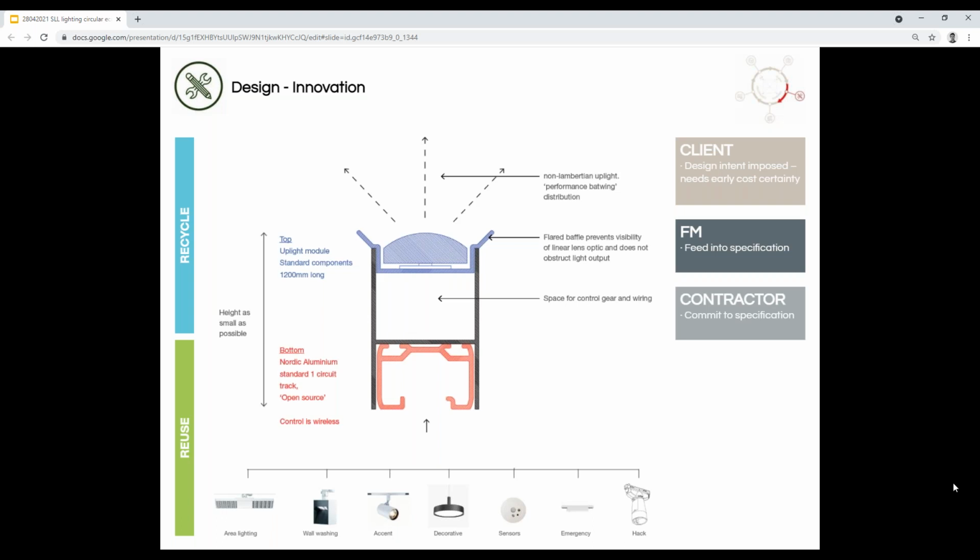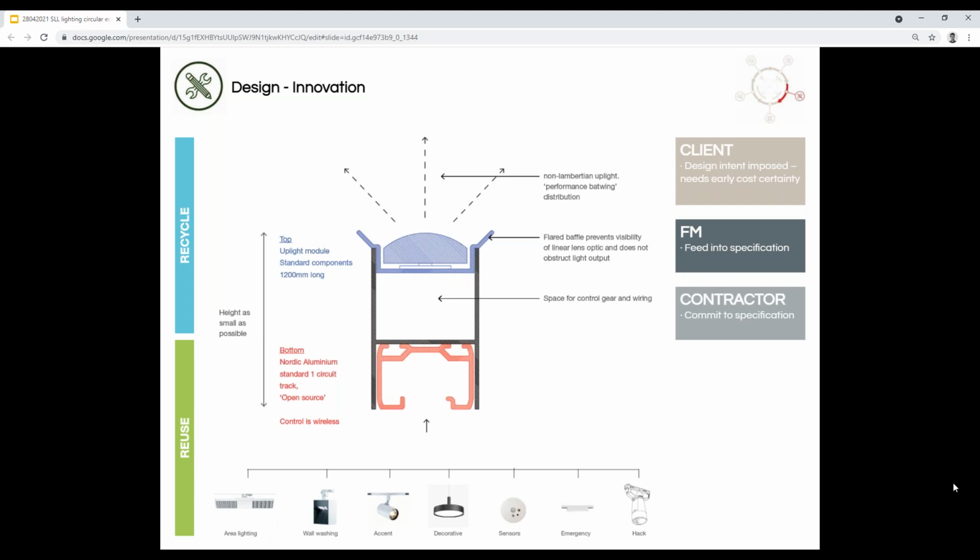All run off a Bluetooth control system, so that the whole lighting infrastructure was entirely demountable, including the wiring, and it was only getting bulk electricity. It wasn't having to be fed with data wiring.